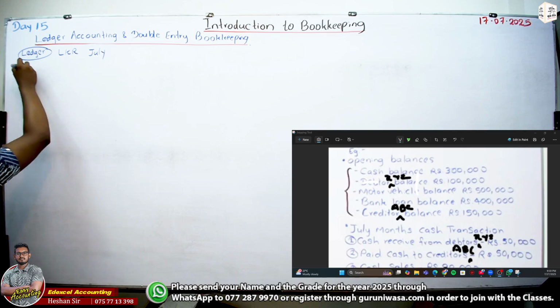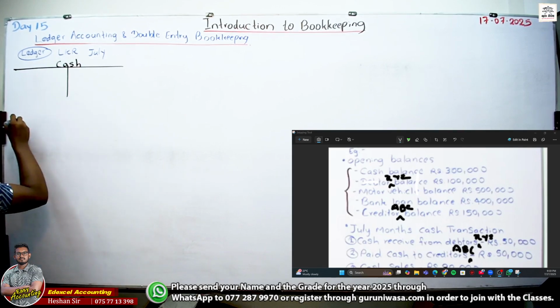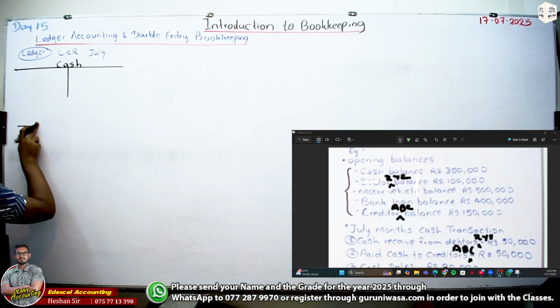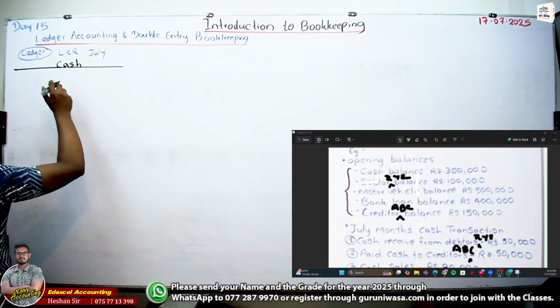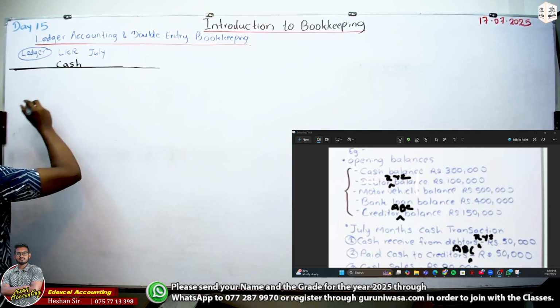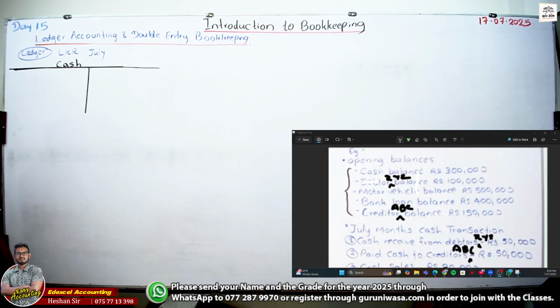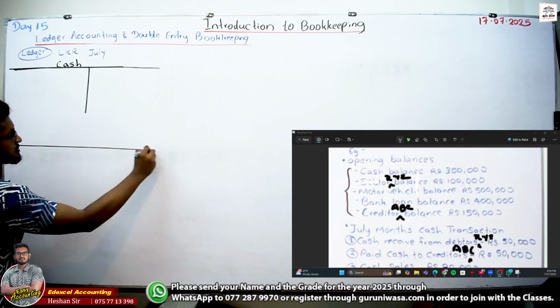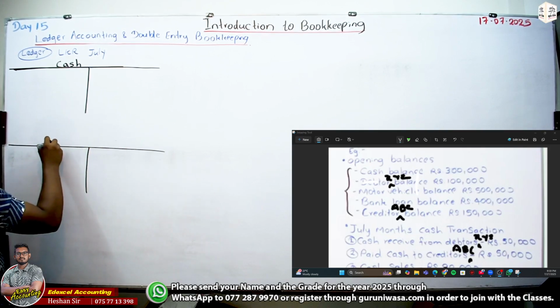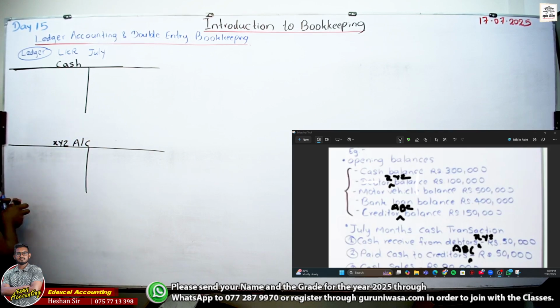You need to have the cash account. Not only that, for every account keep some space to balance as well. Then keep the debtor XYZ balance. So it is a debtor. You can see XYZ account. The cash account is an asset account.